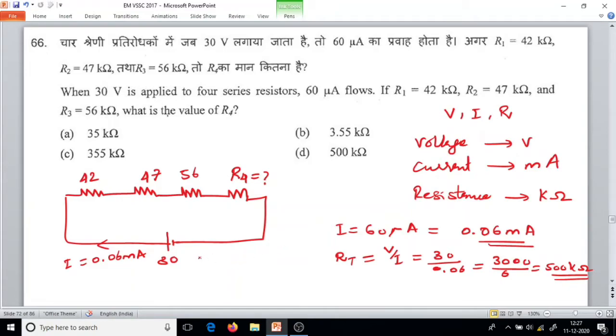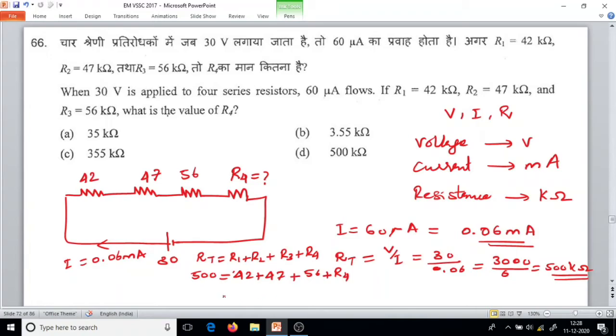Now it's easy. In a series circuit, RT equals R1 plus R2 plus R3 plus R4. So 500 equals 42 plus 47 plus 56 plus R4.